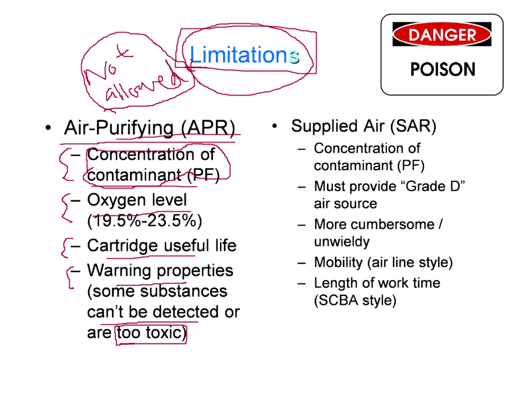Contaminant means impurities. If impurities are concentrated at one particular area in an industry, it means please don't go there to work. That is called limitations. Limitations means not allowed.